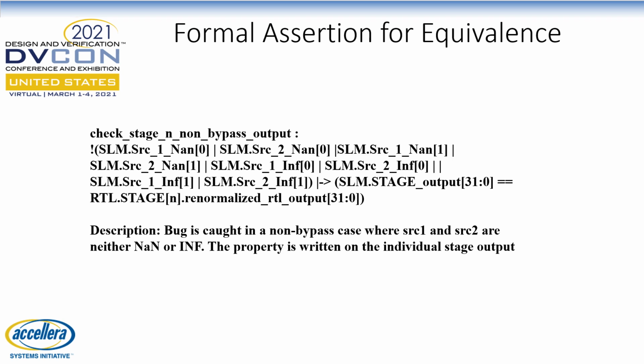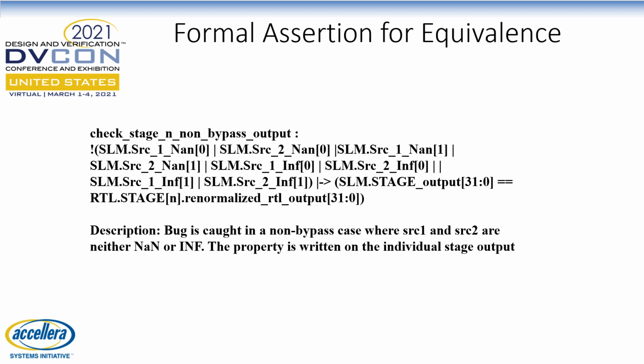In simulation, this bug was not found, even though it had been running for quite some time. However, in Formal, we wrote a simple assertion between the C output and the RTL output at stage 0, and we were able to quickly find this corner case example.